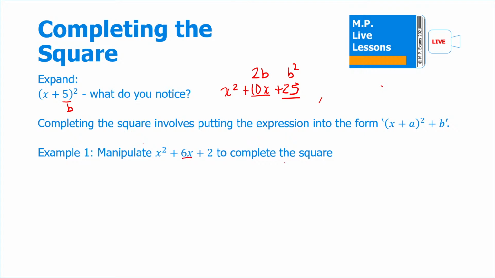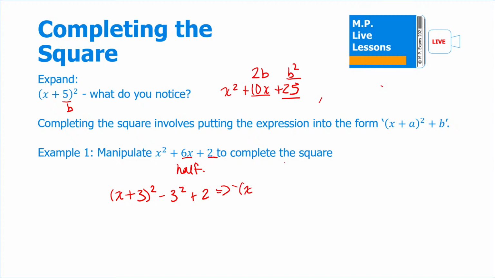So what we do is we half the middle number. That goes in our brackets, all squared. And what we do is to correct the bracket, because what we had was this b squared at the end. We have to take it away, so take away 3 squared, and then add the 2 at the end.